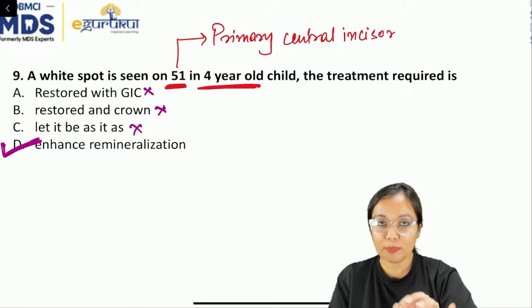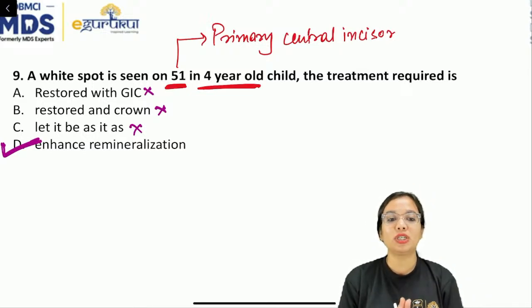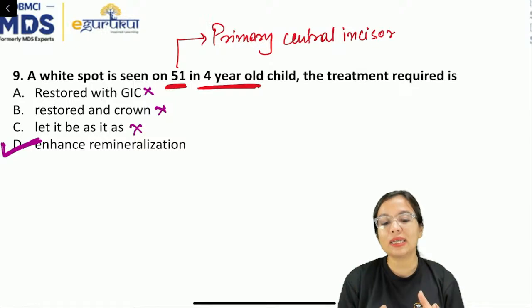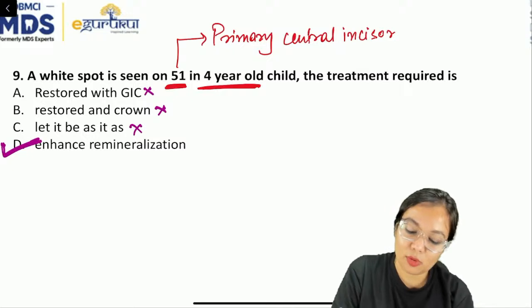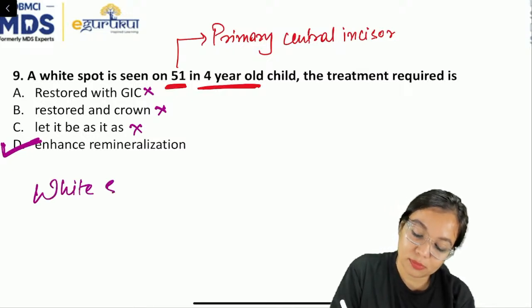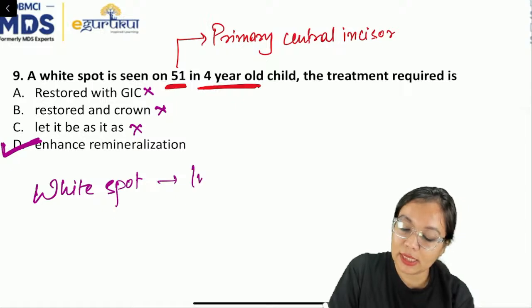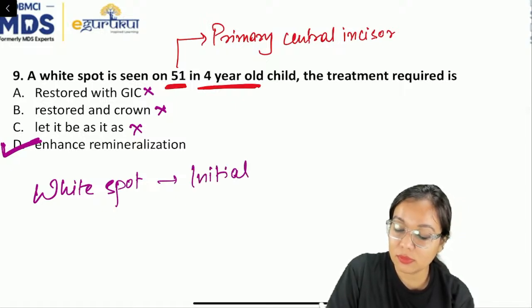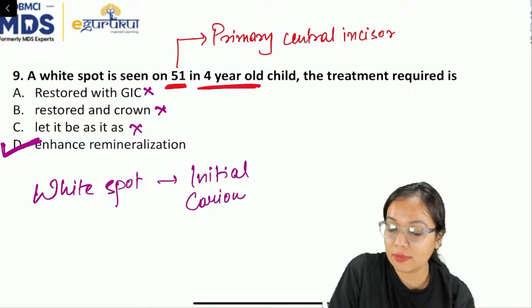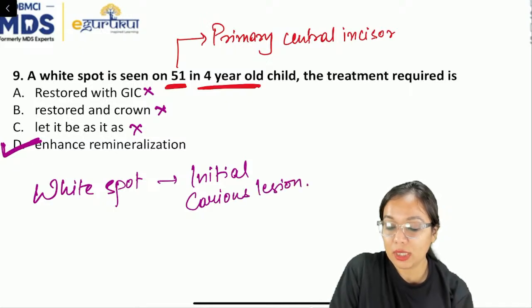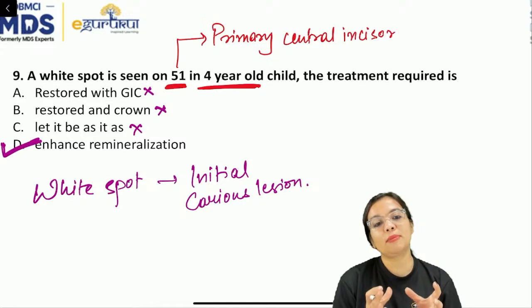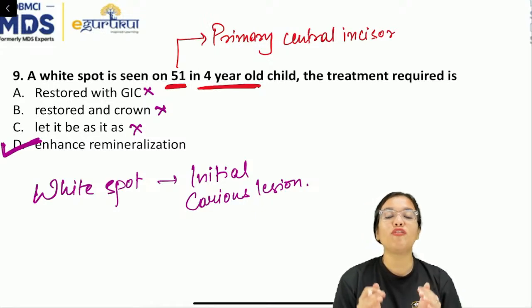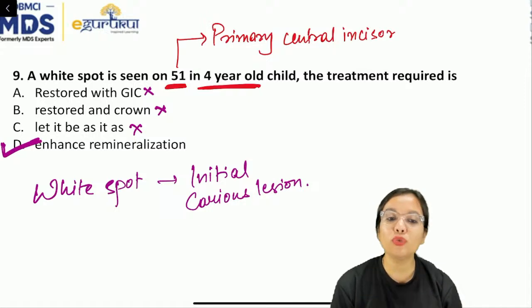So how can you do that? Basically a white spot lesion on the tooth is the earliest clinical sign of caries. So what is a white spot? It is an initial carious lesion. It is the earliest clinical sign of the caries process on smooth surface enamel, usually seen under a layer of plaque at the gingival margin of tooth surfaces.